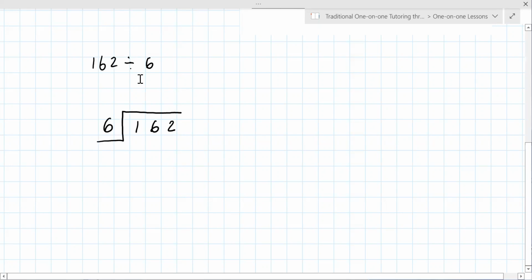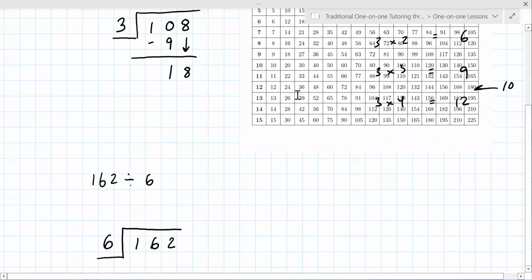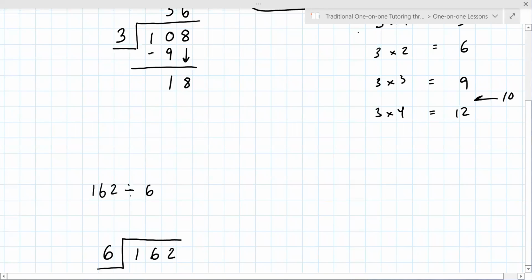All right, so how many times does this 6 go into 1? None, right? Because 6 is bigger. That's right. But it does go into 16, and that's where having this table is going to really help.